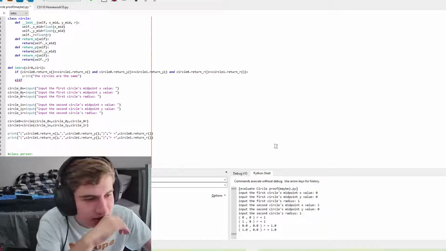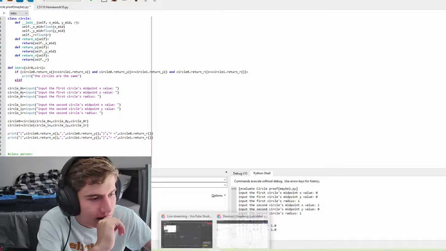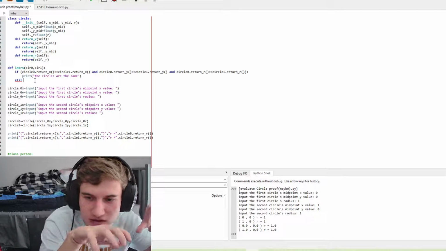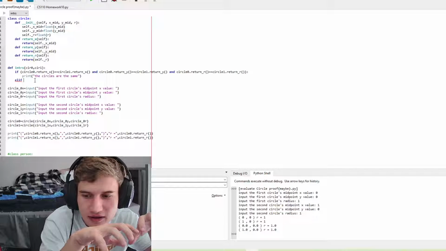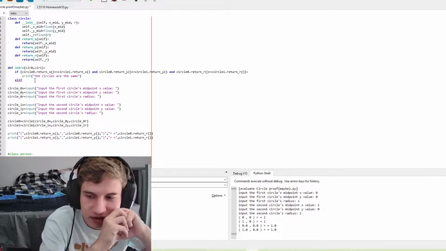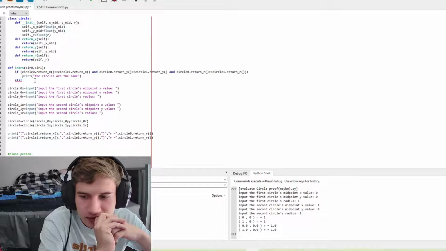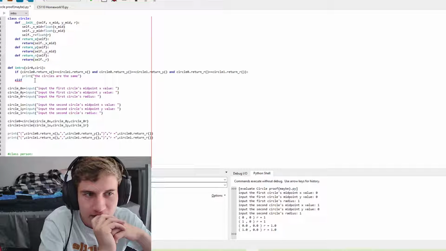Because my issue is, I think I know how to do it if the circles aren't inside of each other, that would be really easy, but if the circles are inside of each other, then I don't know how to determine whether or not they aren't intersecting, you know what I mean?